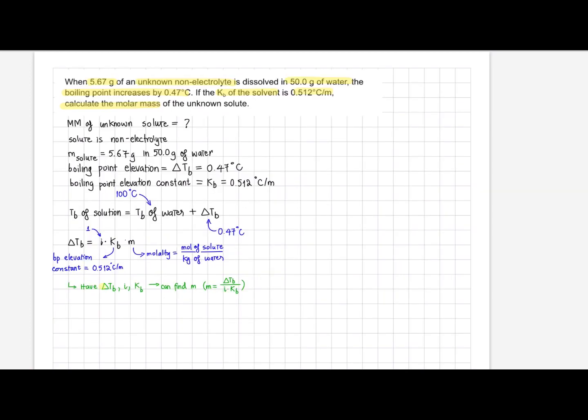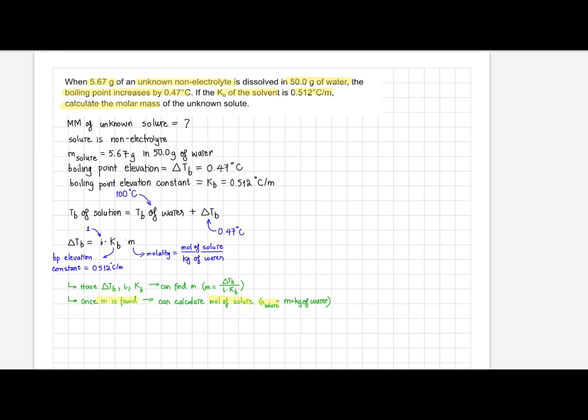Since we have delta Tb, the Van't Hoff factor i, and Kb, we can find the molality by taking delta Tb divided by i times Kb.